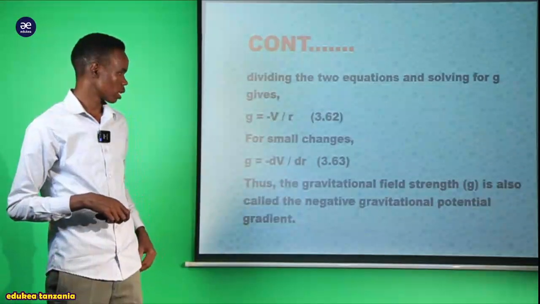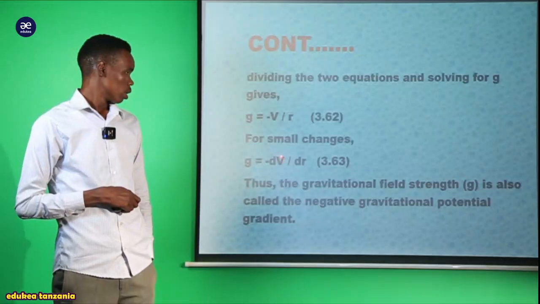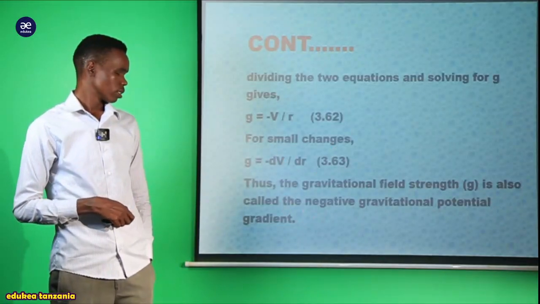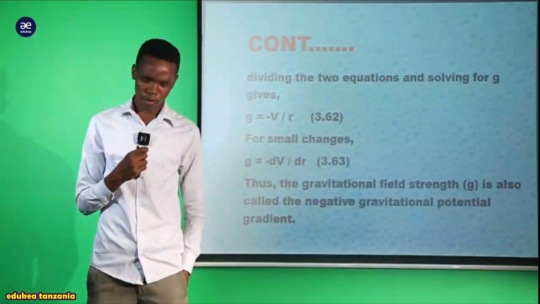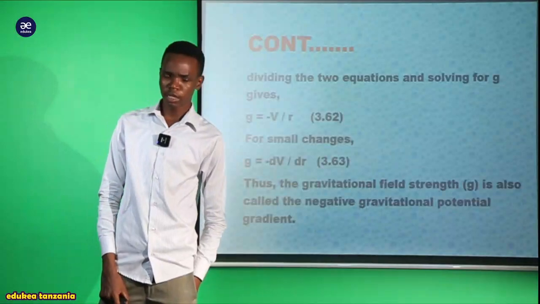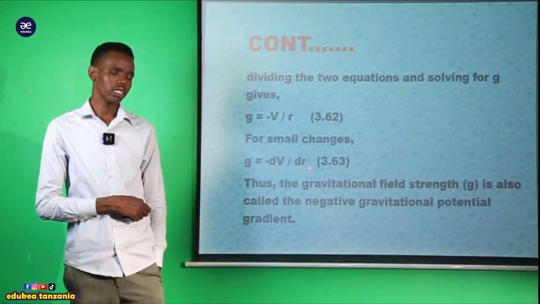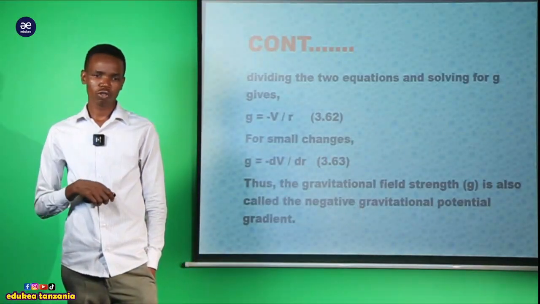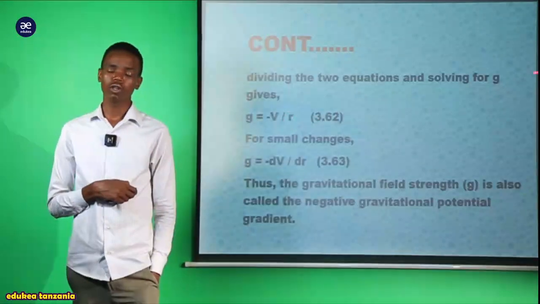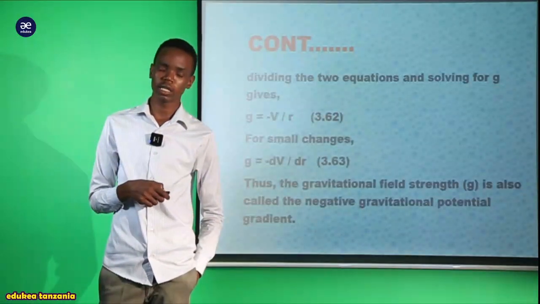So for small changes, let us indicate the small change, this should be dV. So we have obtained g equal to the gravitational potential divided by the distance.